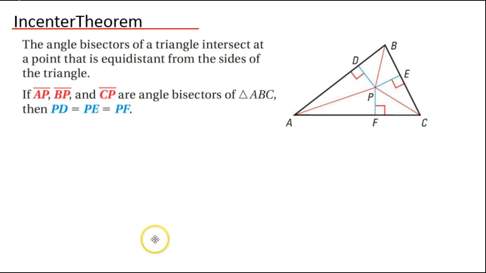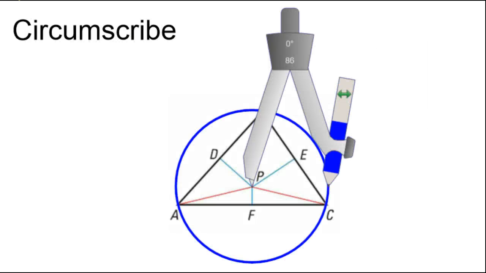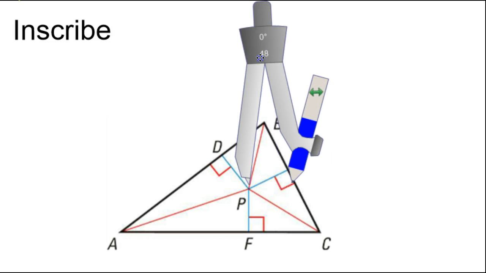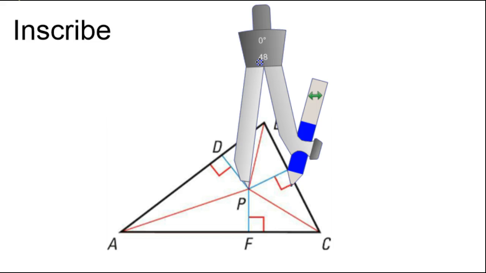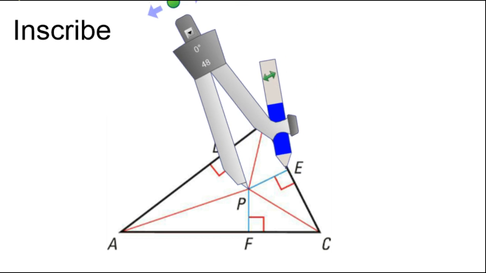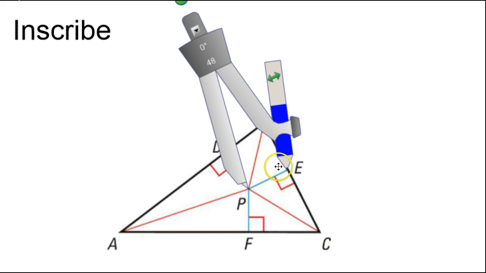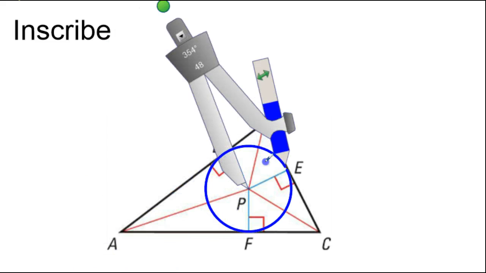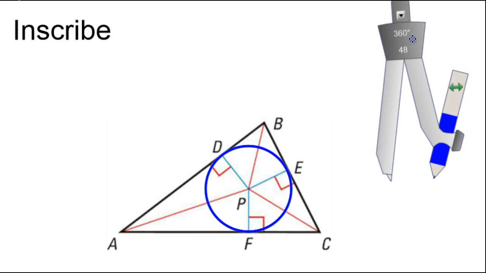That was circumscribe. Now we're going to look at inscribe. So if I place my needle at the center and I measure one of these sides with my compass, I can go ahead and draw around, creating a circle inside my triangle.